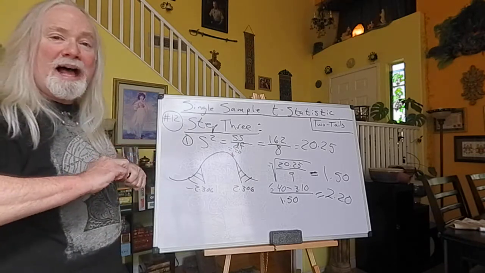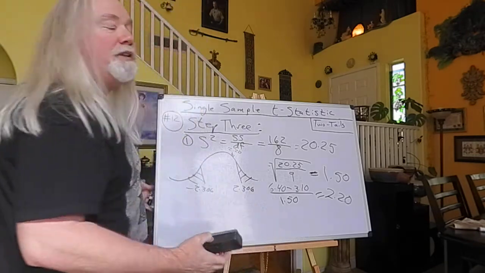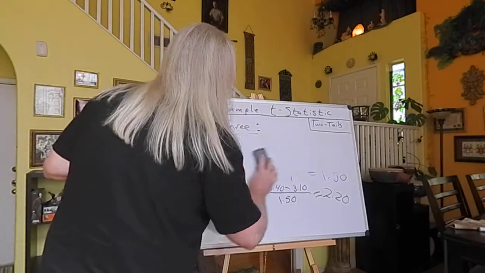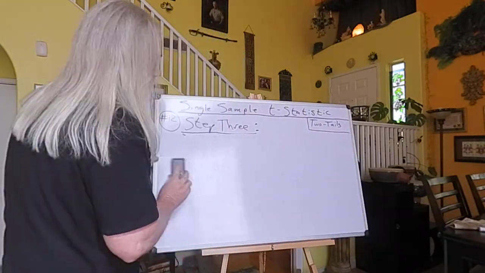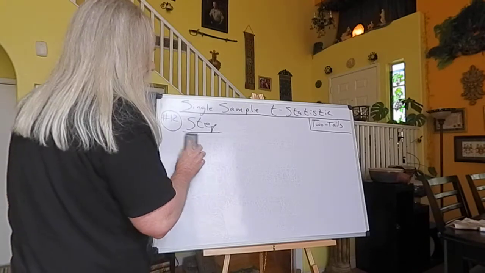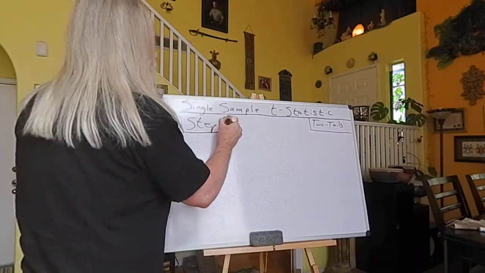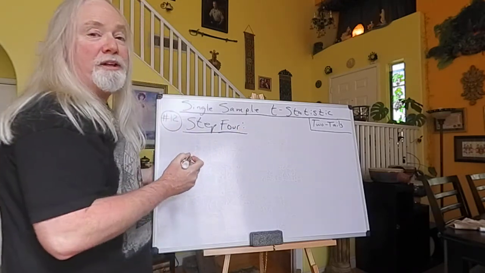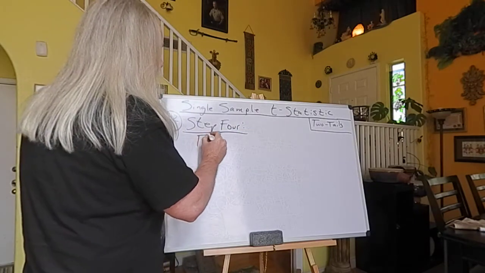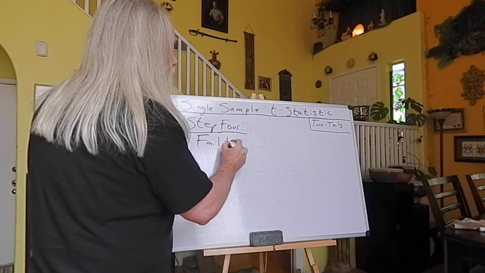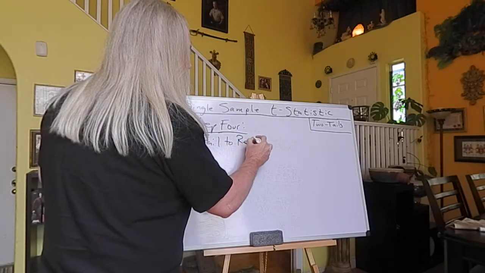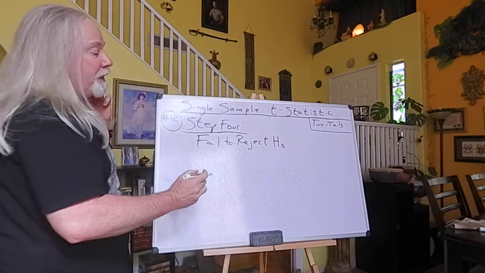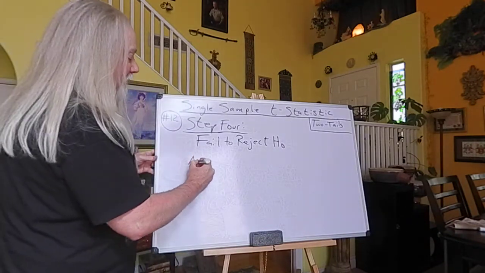So we landed in the body. If we miss the targets and land in the body, what do we do in step 4? What decision do we make? In this case, obviously, we are going to fail to reject the null hypothesis.